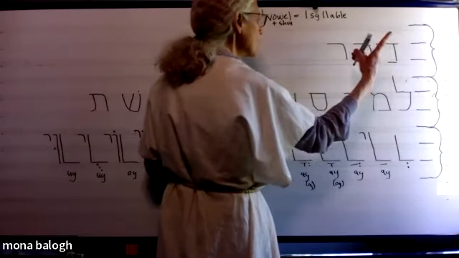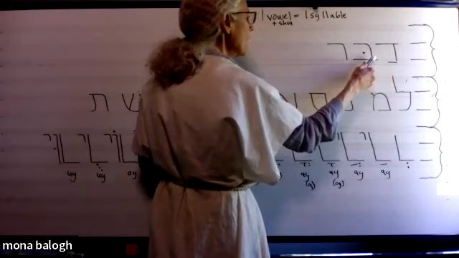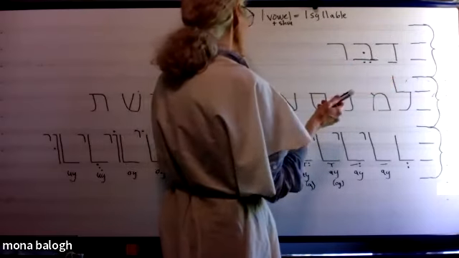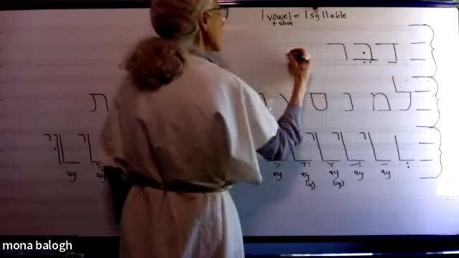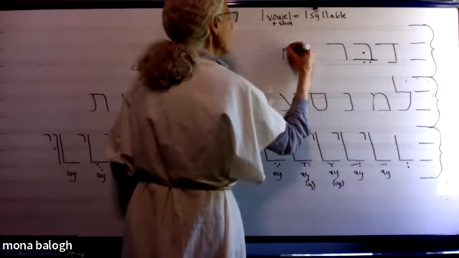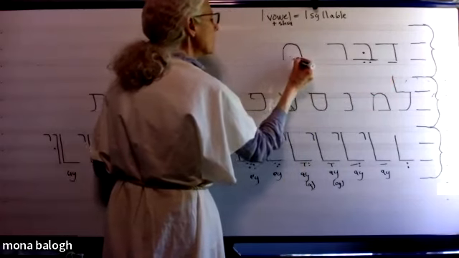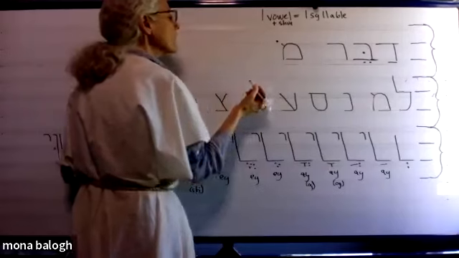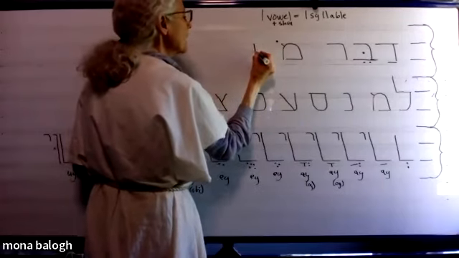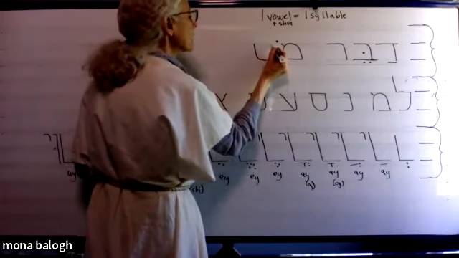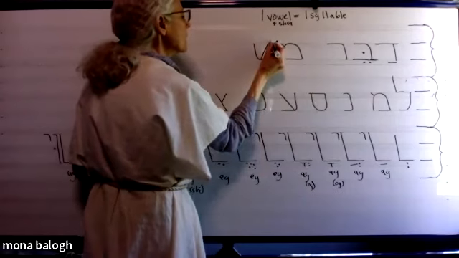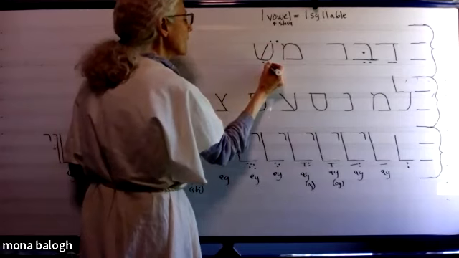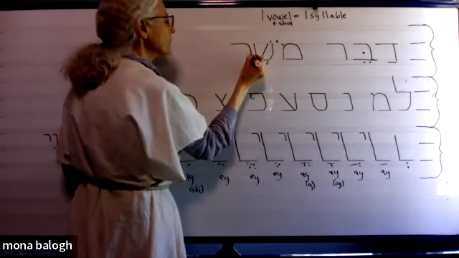And how do you think I'm putting the vowel a? Say it. This has a two-syllable sound, one vowel, one syllable. Da, ber. Da-ber. Now let's spell another word. Mem, let's put a holam here, and shin, and segol, and hey.